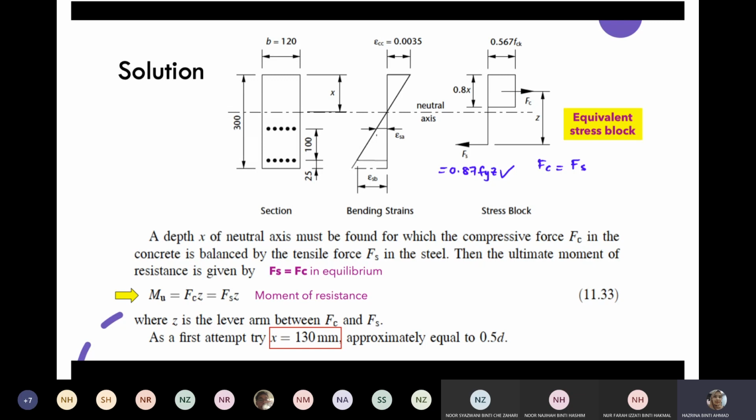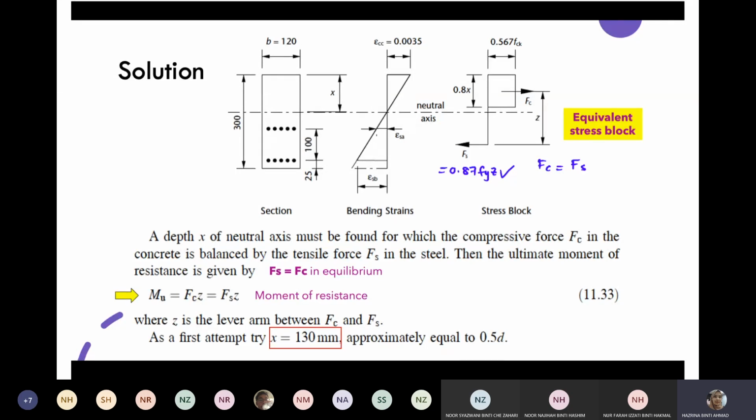A depth x of neutral axis must be found for which the compressive force Fc in the concrete is balanced by the tensile force Fs in the steel. This is what is meant by the statement. Then the ultimate moment of resistance can be calculated using these equations.